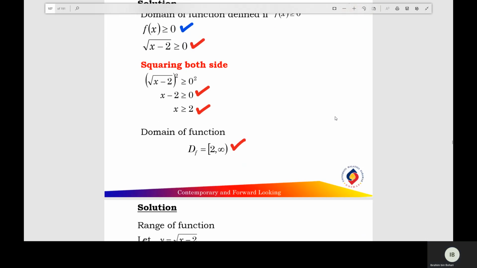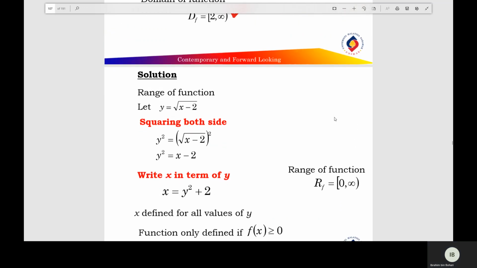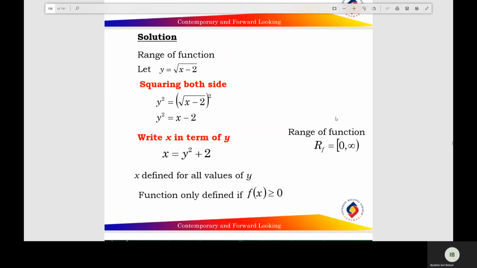Okay, and you find the range of the square root function. For the range of the square root function, you let y equal the square root of x minus 2. Okay, and then square both sides. Okay, y squared equals x minus 2.